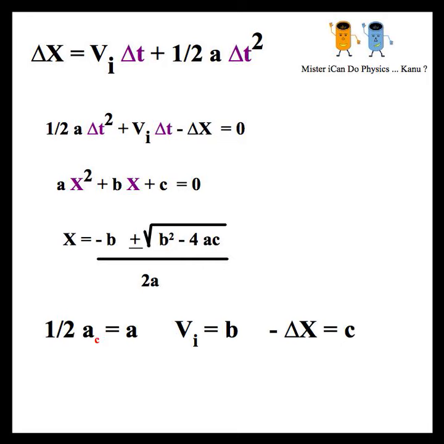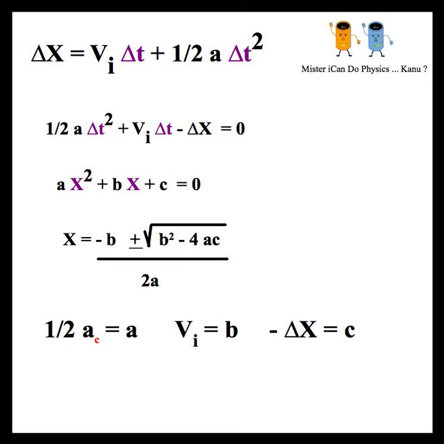A, b, and c in our quadratic are just generic variables to show the concept. But in our equation, the a stands for acceleration, and our coefficient in front of delta t squared is 1/2 of that acceleration.